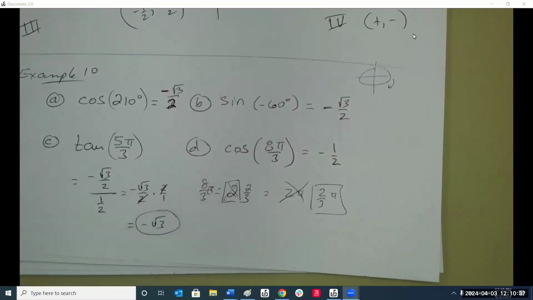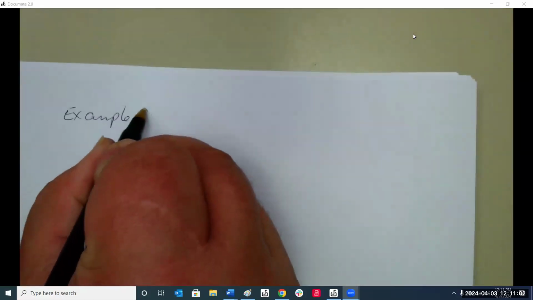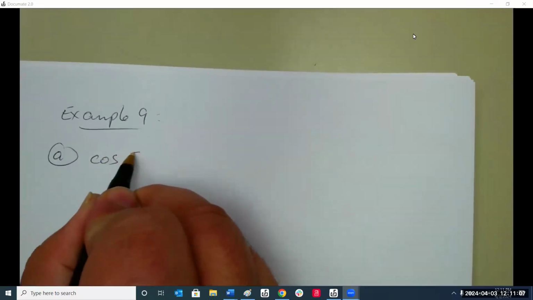Make sense? Let me find another example. Boring. That one's boring. Oh, let's look at these. Okay. Example 9. A is the cosine of 5 pi over 4.